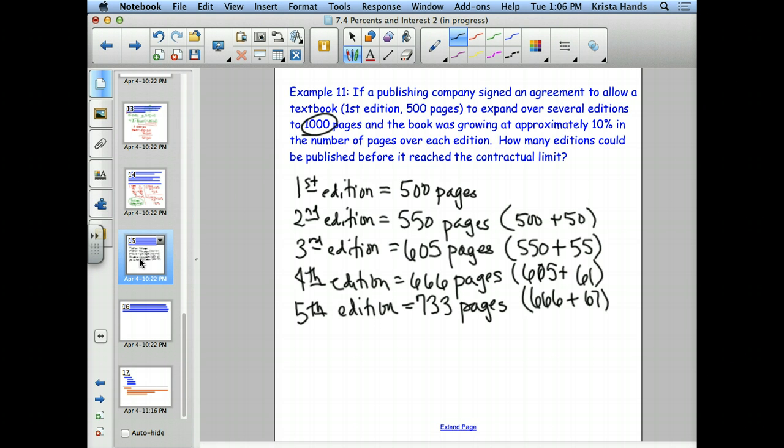Somebody better be checking me because I didn't have mine written down. Okay. Sixth edition. Okay, I've got my 733 from before plus 73. How many is that? Is it 806?